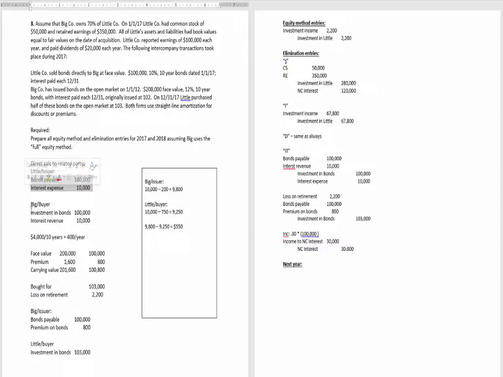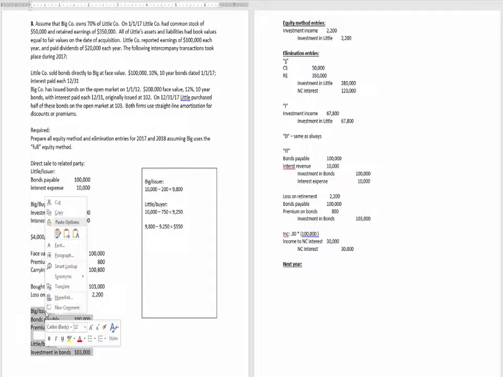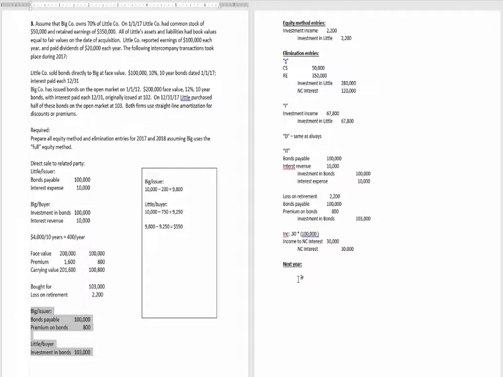For the bonds that are sold directly to the related party, they're going to have the bonds payable and interest expense, and the investment in bonds and the interest revenue. That's going to be identical year after year after year because there was no premium or discount being amortized. But now let's focus on these balances. What are they going to look like next year?